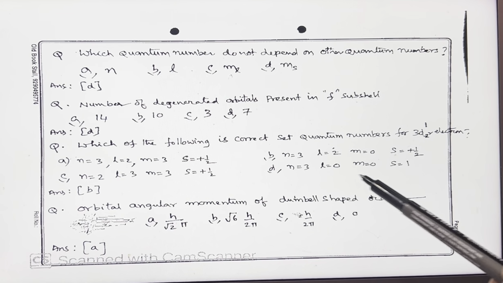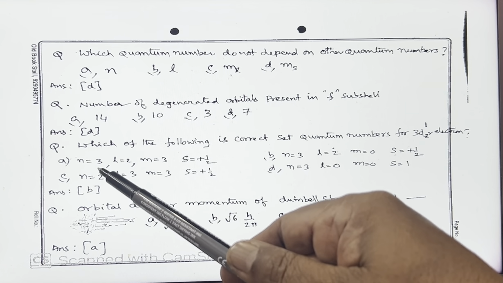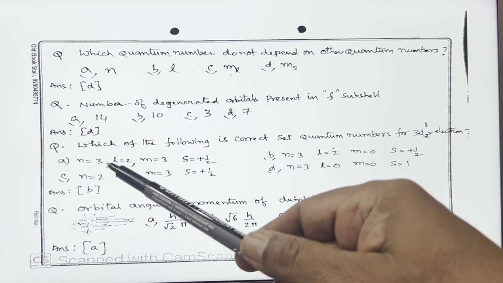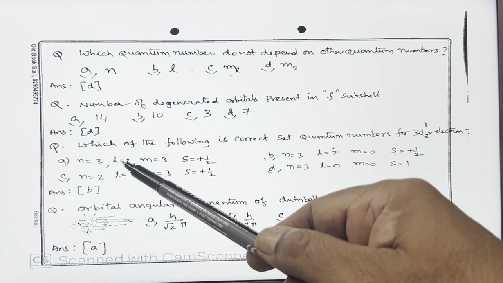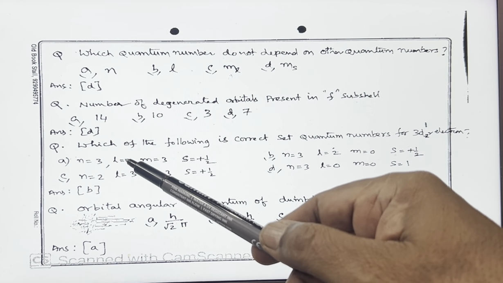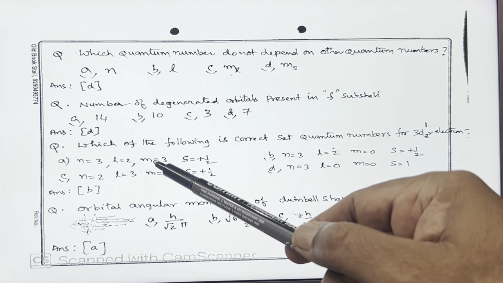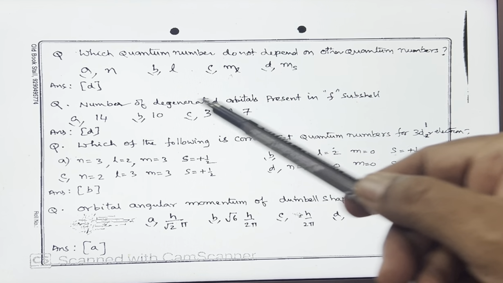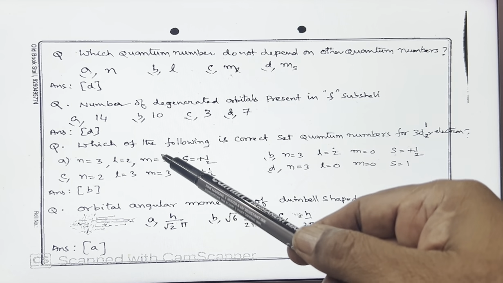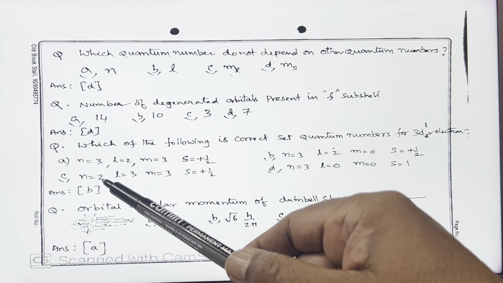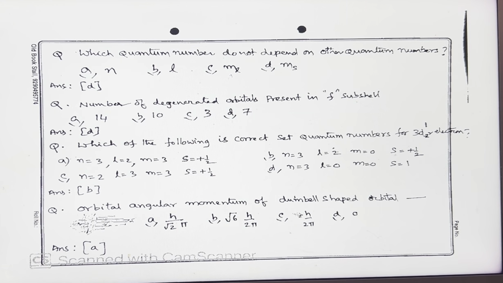Why are the others not correct? Let us discuss. N is equal to 3. L takes at least one value less, because n should not be equal to L, it goes up to n minus 1 values only, so L is 0, 1, 2. So, 2 is okay, but m depends on L, from minus 2 to plus 2, but here 3 is there, so it is wrong. Now let us see this one: n is equal to 2, L is equal to 3. If n is equal to 2, L should take values up to 1 only, 0 and 1.